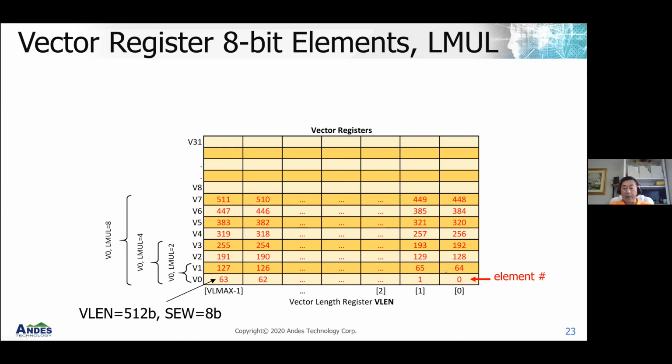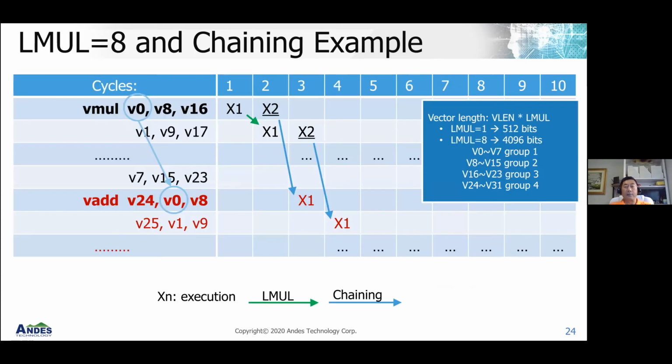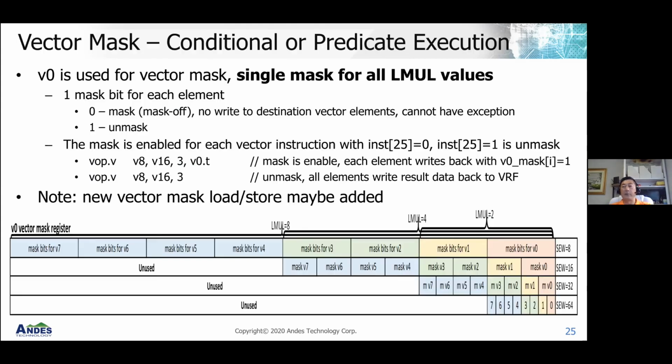Okay, and so let's go to this. Basically you have the mask. All the 512 bits are used when you have SAU equal 8 and Elmo equal 8. For Elmo equal 1, only this one is used. For Elmo equal 2, you have 128 bits, so only 128 bits of the mask are used for SAU equal to 8.